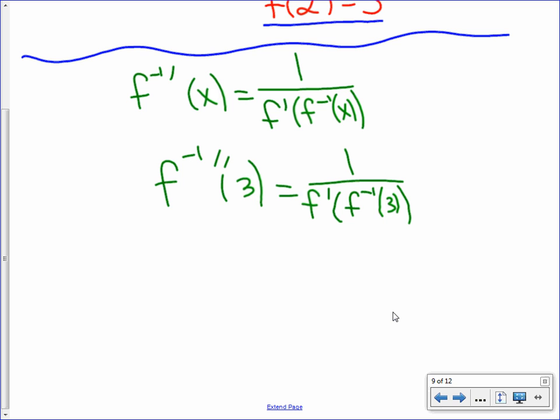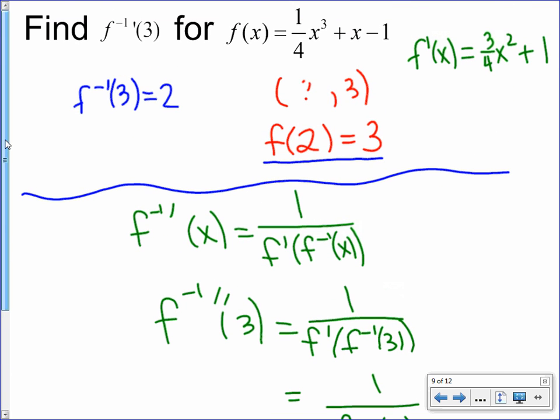F inverse of 3 is 2. So we are basically plugging 2 into our derivative. And what is f prime at 2? Four.